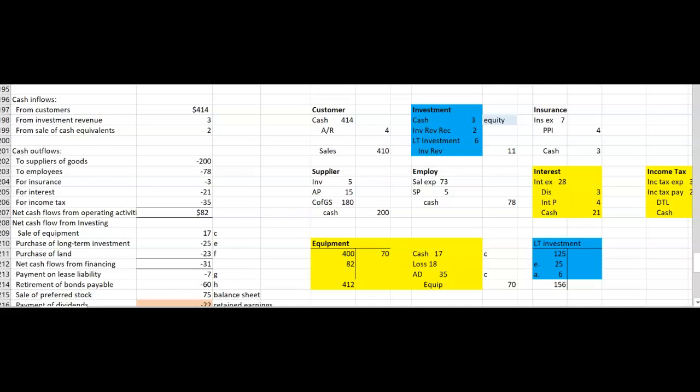And you can see there's a debit to long-term investment there. And our long-term investment now is balanced at $156 million.